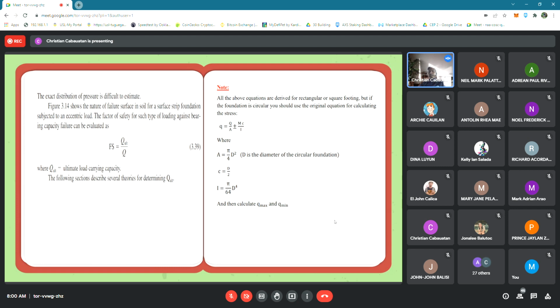Kasi it could help you during your board examination. Kailangan talaga yan, and it always comes out in your solving in your steel design and in your reinforced concrete. Okay?